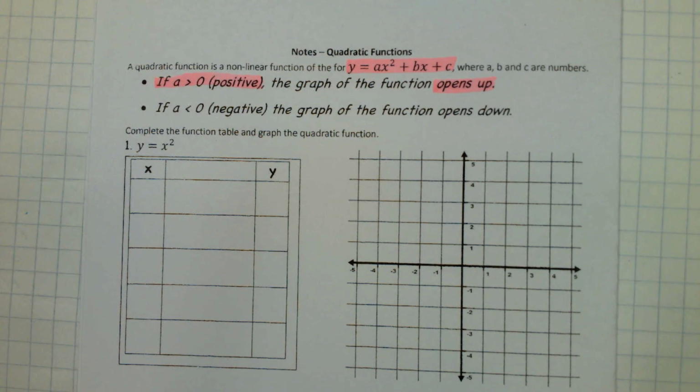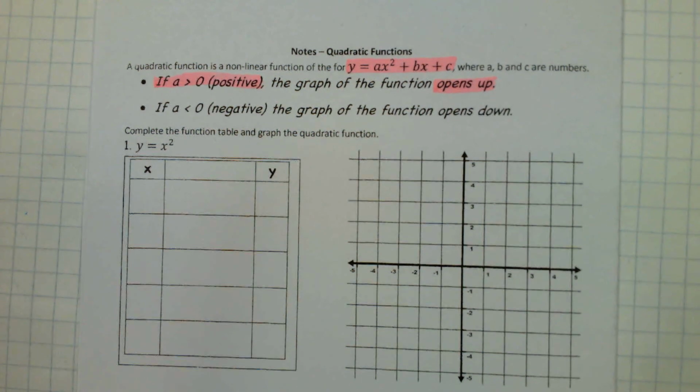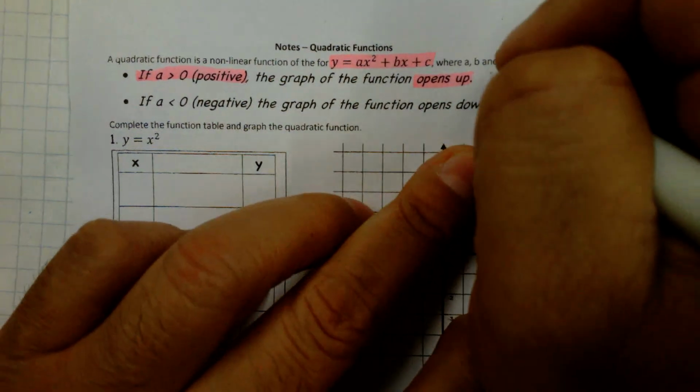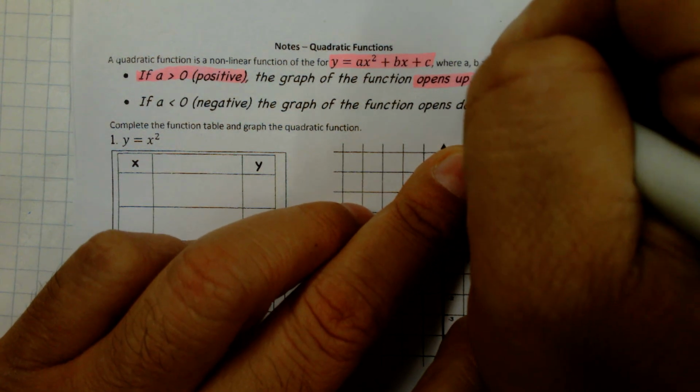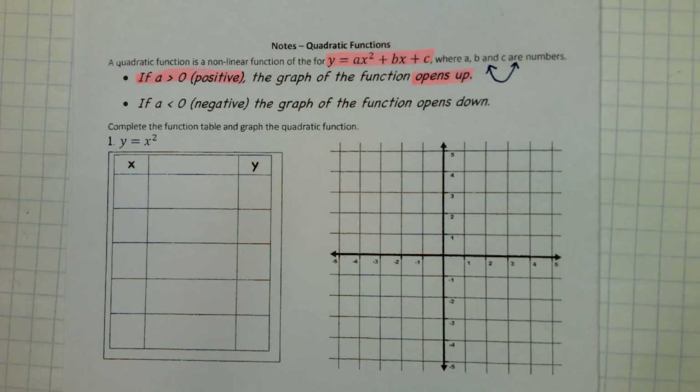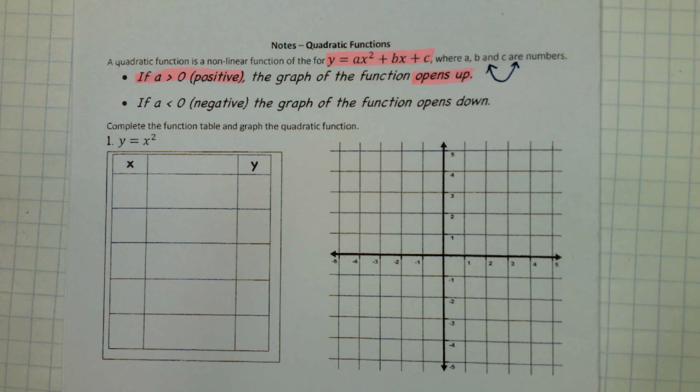Okay? What that means is it's going to have this U shape like this. It's going to open upwards. You'll see in a little while how that's going to look. Okay?